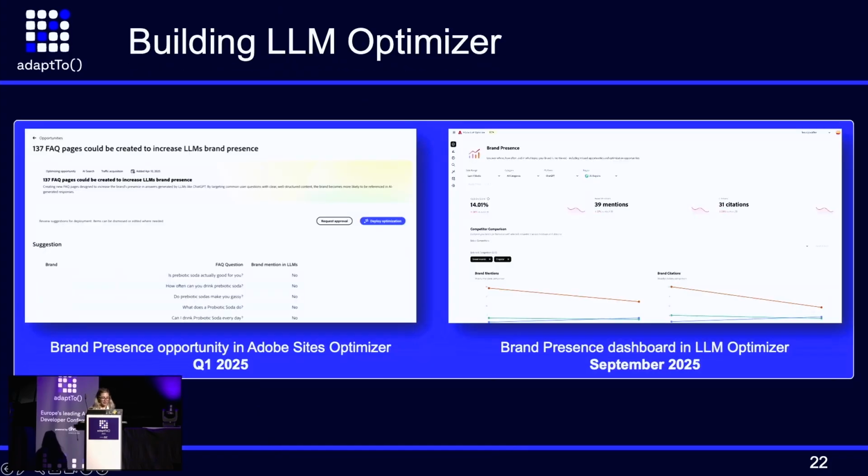On the left, you see how we started as an opportunity in Sites Optimizer for brand presence. We were checking how the brand is doing in the LLMs at the beginning of the year. And on the right, you see from September 2025, it's now a product.